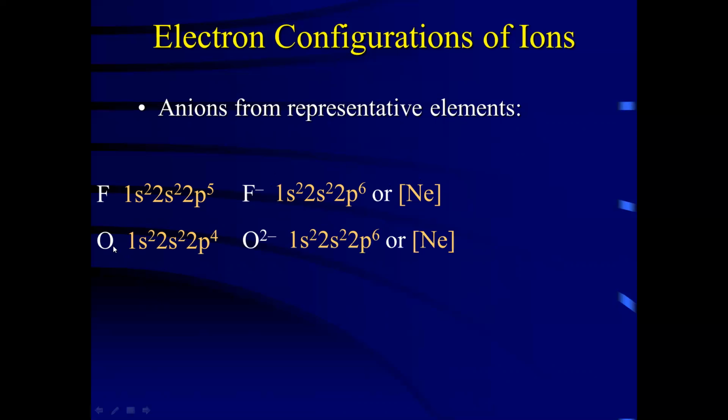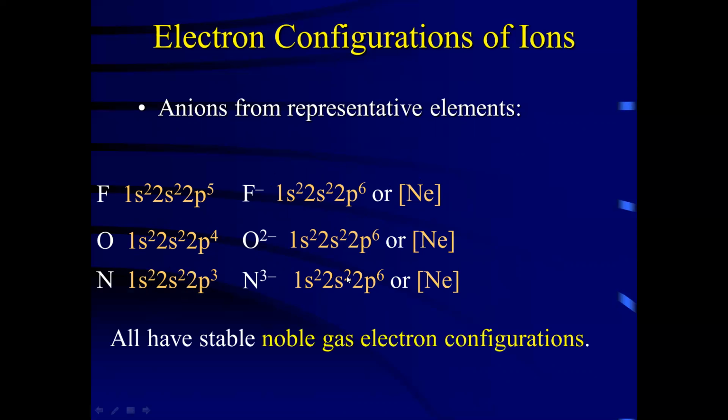Similarly, oxygen, neutral, has this. It gains 2 electrons to form the ion, and it has this one, like Ne. And nitrogen is the same. Nitrogen has this as a neutral electron configuration, and then gains 3 electrons and also forms this noble gas electron configuration.